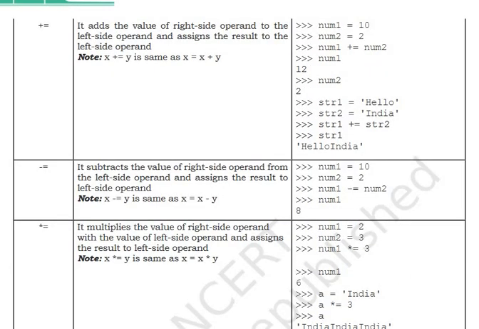So we have plus equal to: x is equal to x plus y, you can write it as x plus equal to y. Similarly, minus equal to: x is equal to x minus y, you can write it as x minus equal to y.